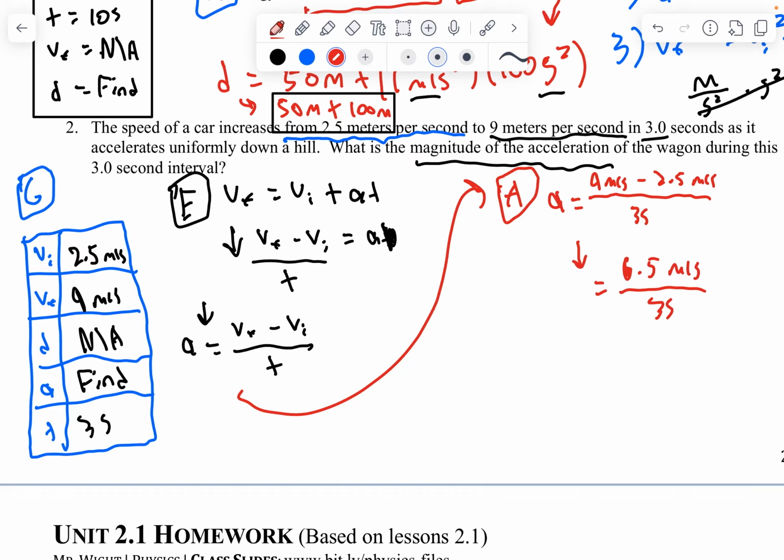And then we can just divide. What's 6.5 over 3? 6.5 over 3 is 2.17.